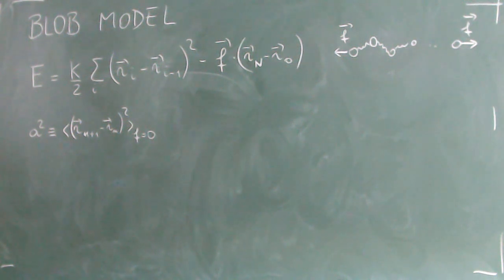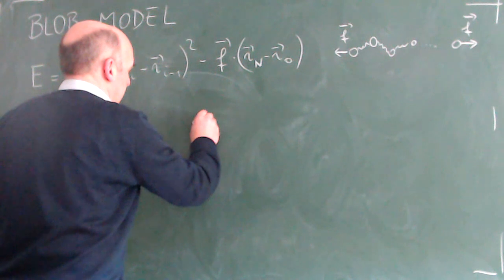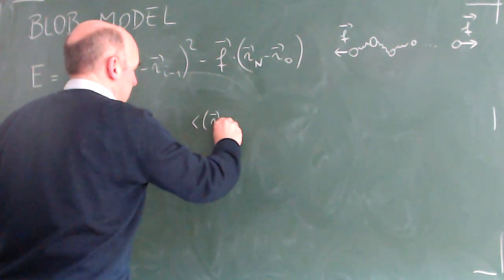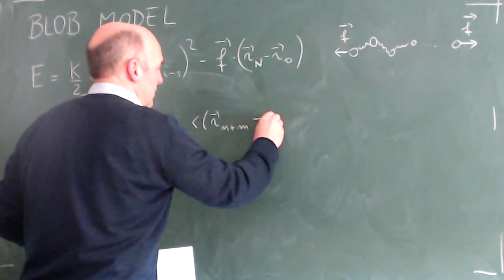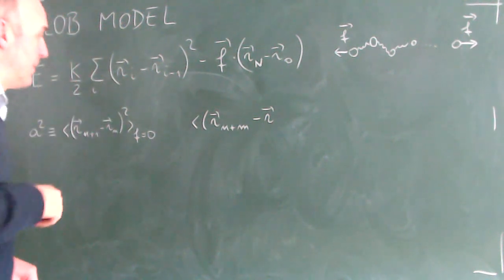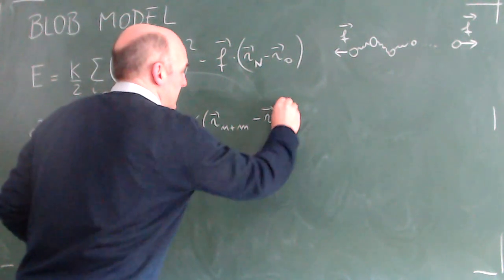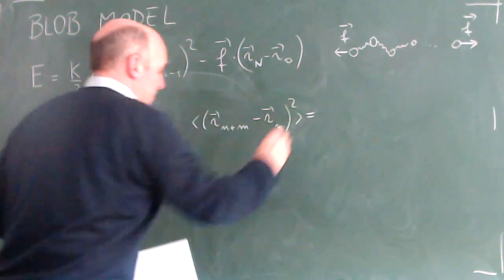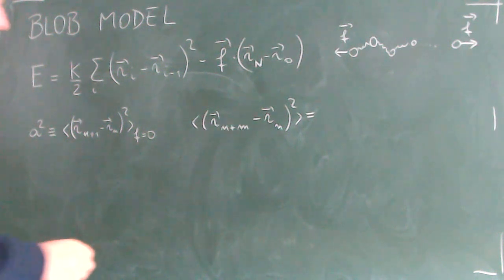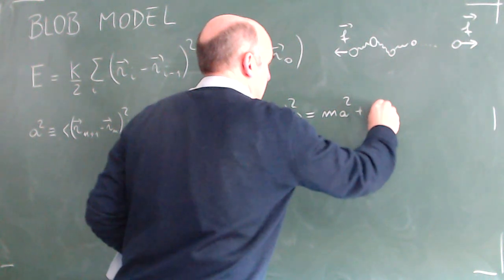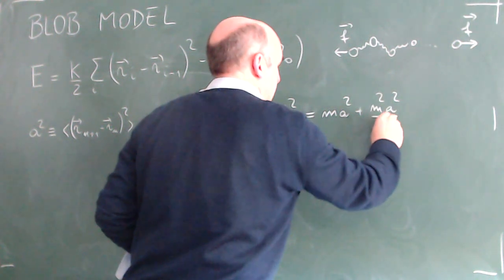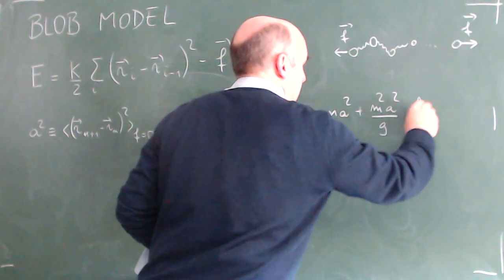Then I don't do the calculation, but if you do the calculation, you can find that if you start from monomer n, and you calculate the distance between the positions of monomer n and monomer n plus m squared, this can be shown to be equal to m a squared plus m squared a squared divided by 9 (f times a divided by kBT) squared.